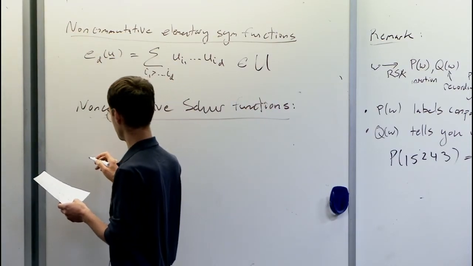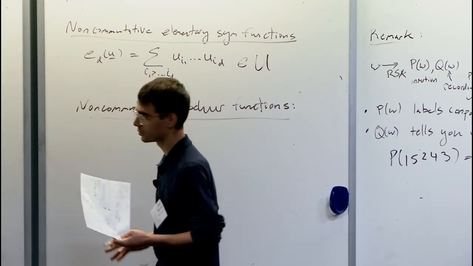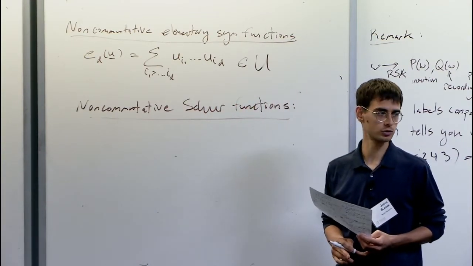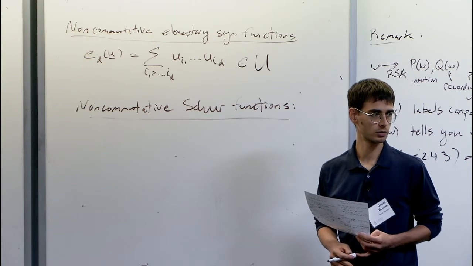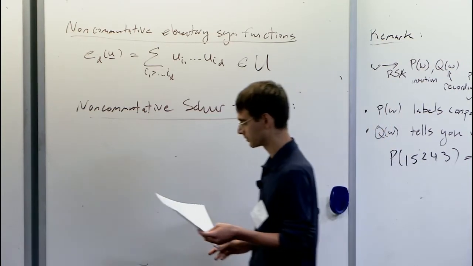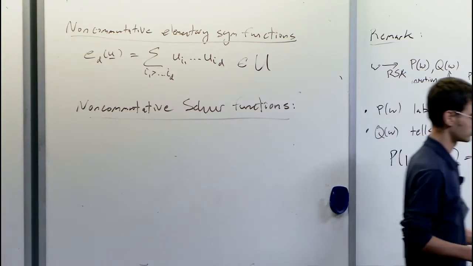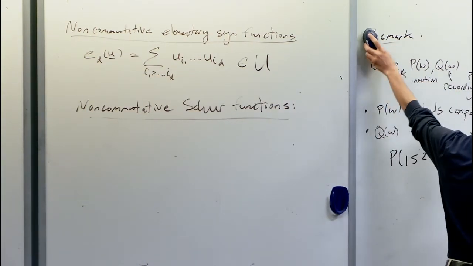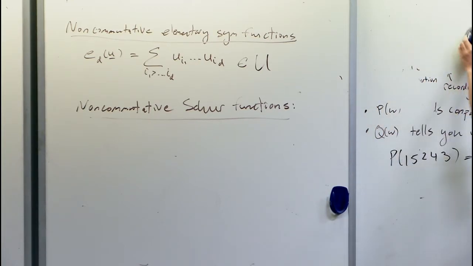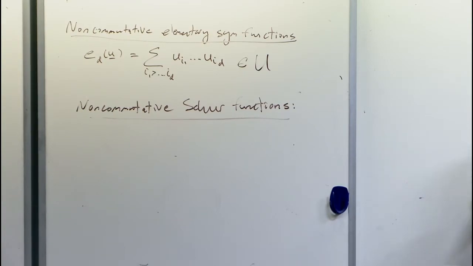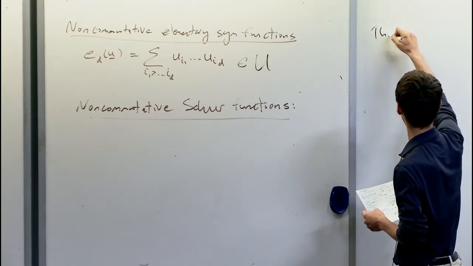But I'm just sort of prefacing this definition. So basically, we're going to define these non-commutative Schur functions using the Jacobi-Trudi formula. Okay. In fact, maybe I can write down the theorem before I write down the definition of J. So here's the theorem.